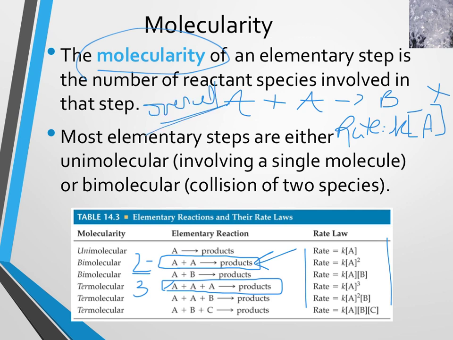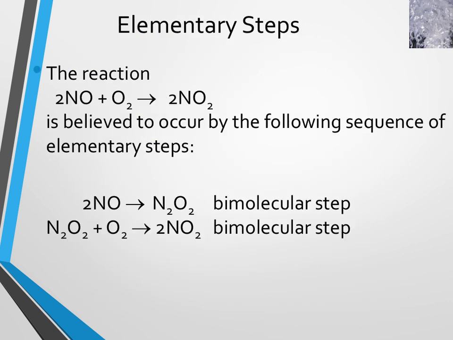But if it's an elementary step, and they have to specify that you're talking about mechanisms and elementary steps, you can write the rate law for that elementary step directly from the elementary step. So if it's a bimolecular elementary reaction, then the exponent for the order is 2. If the molecularity is 3, then you write an order of 3. So we'll do more with that, but that is really handy.